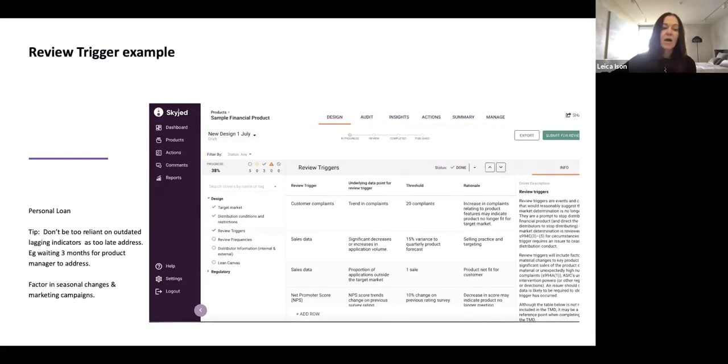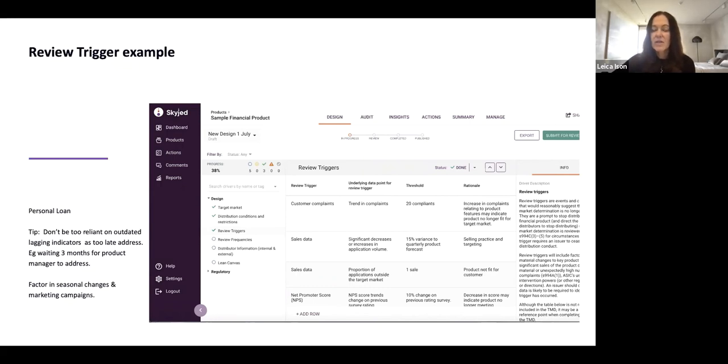I'm still in this design workspace, and then I'm moving down now to setting these review triggers. Now, the review triggers, as I said, I think these review triggers are a really important tool for your product growth as well as for meeting your DDO compliance. So in this driver, I'm just documenting some customer complaints, some sales data here, sales data in terms of volume, sales data in terms of value, obviously sales data in terms of sales to customers outside my target market.